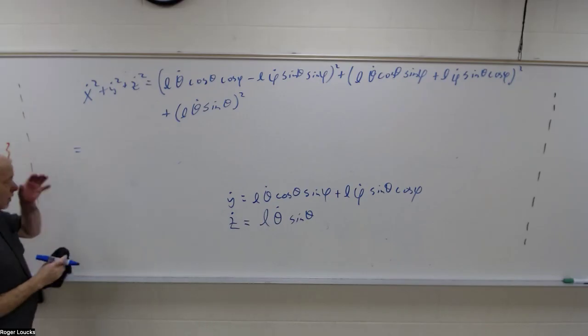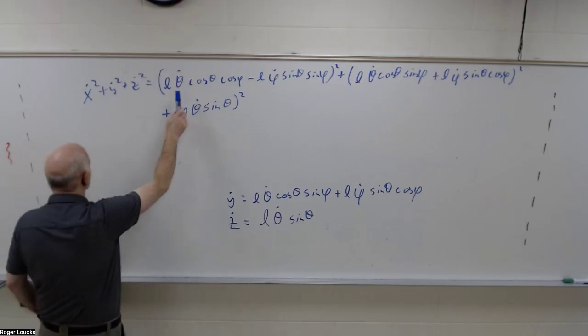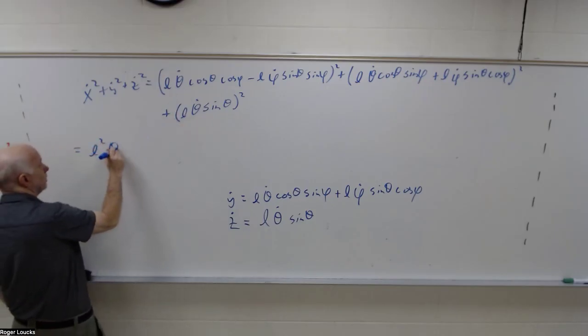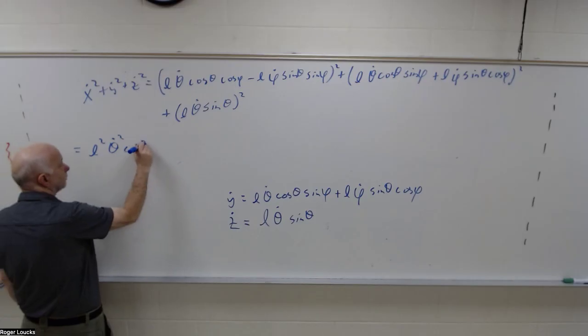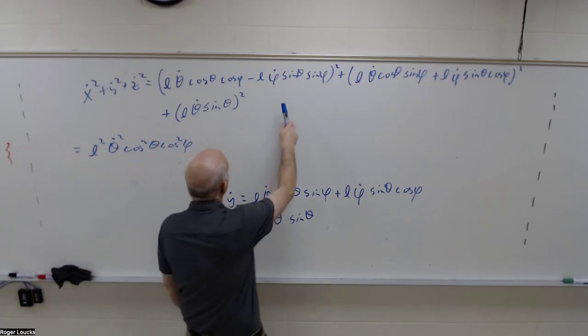Okay, so this equals what? This term here is going to be squared, so this will become L squared theta dot squared cosine squared theta cosine squared phi. I get my second term here squared.